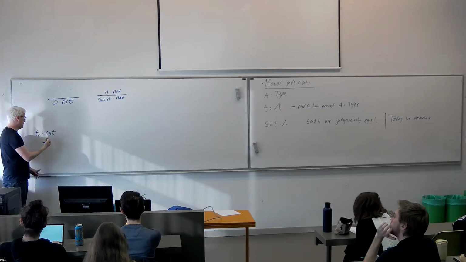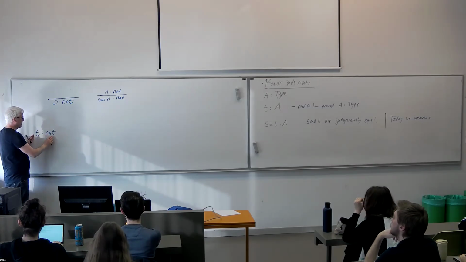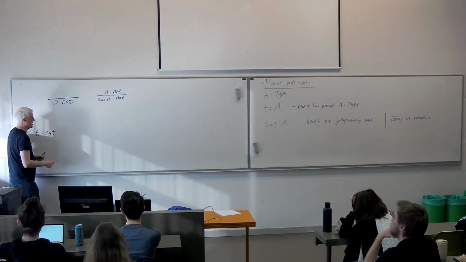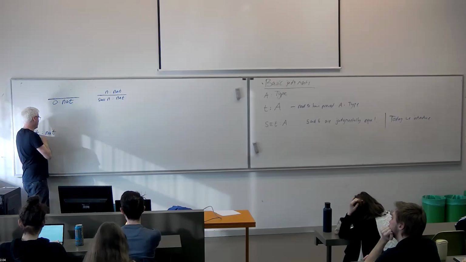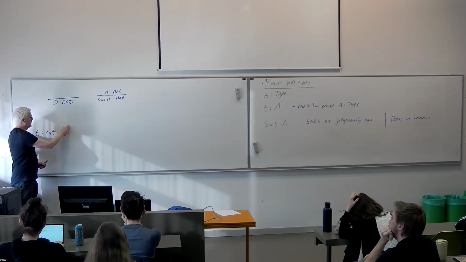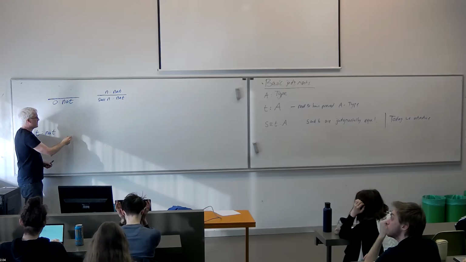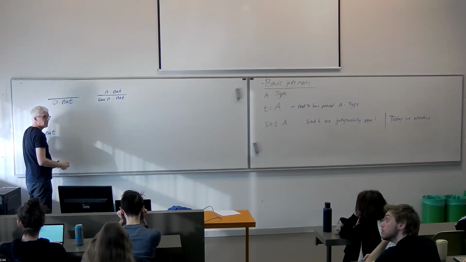So just like the elimination rule for the sum type, where T is now the sum type, to use that information, we needed to say what we can do with T if it's in the left half of the sum type. So we had one premise, what we can do with it if it's in the left half, and what we can do with it if it's in the right half.